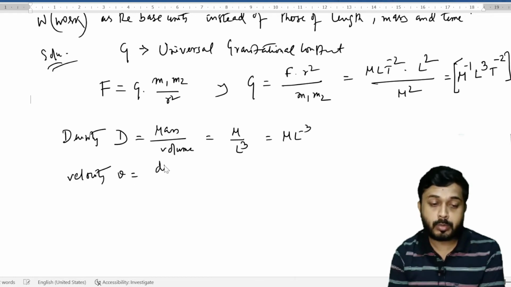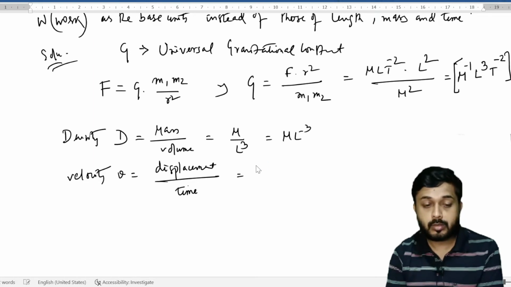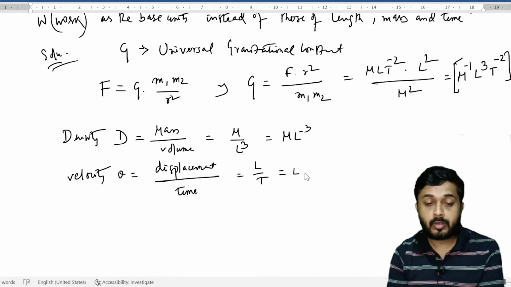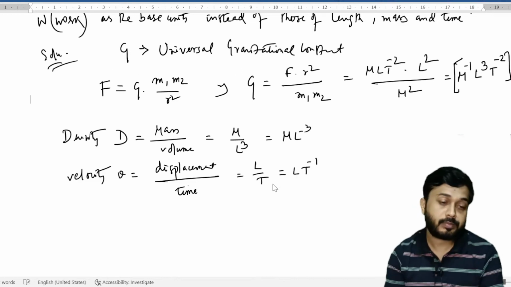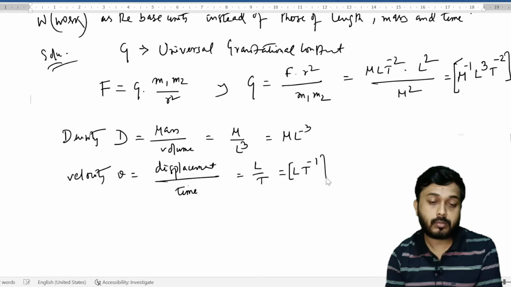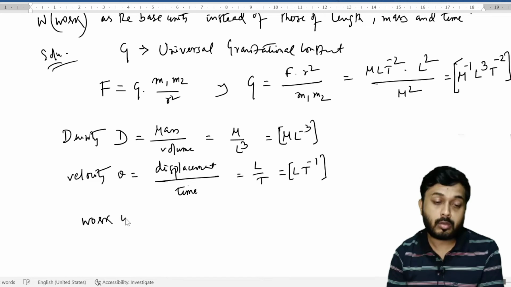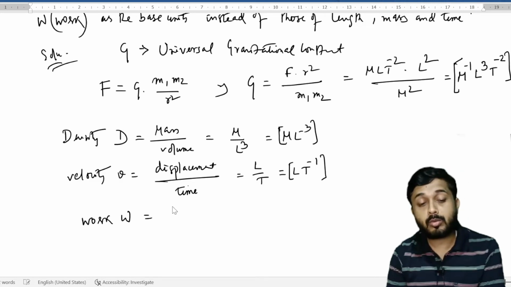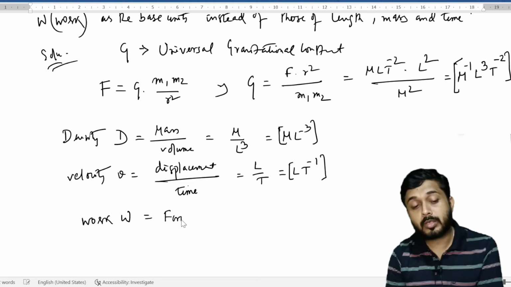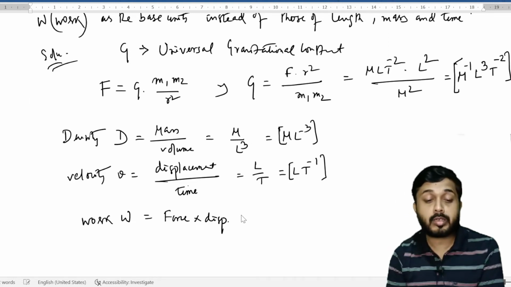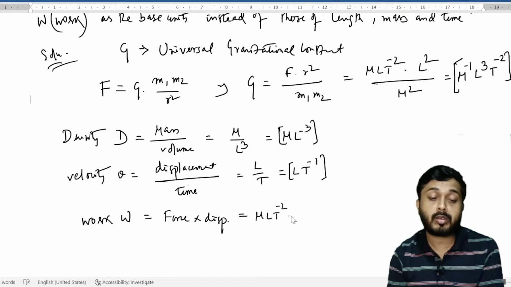Velocity v equal to displacement divided by time, that is L by T, or L t to the power minus 1. And what is work done? W equal to force into the displacement, that is mlt to the power minus 2 into L, or m l square t to the power minus 2.